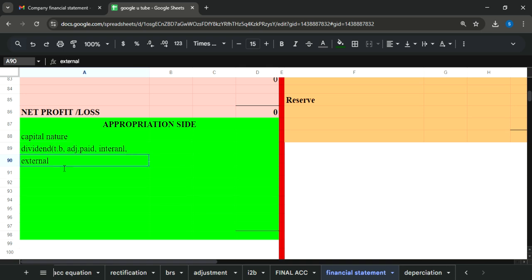So what we were discussing: all types of dividend present in the trial balance, present in adjustment, present as paid, whether internal or external, or if it is payable or if it is paid, it is for the half term or mid term, it is for the final term or final dividend.